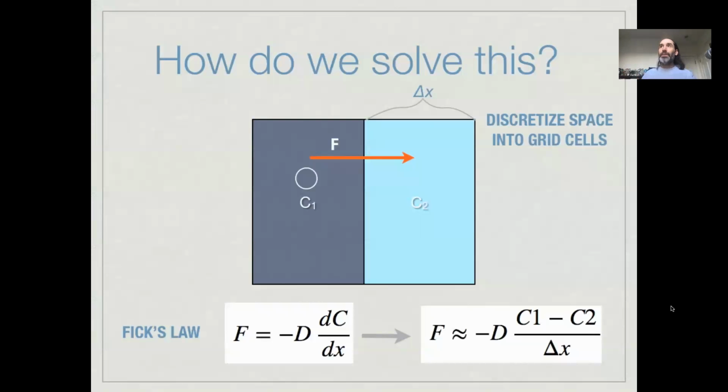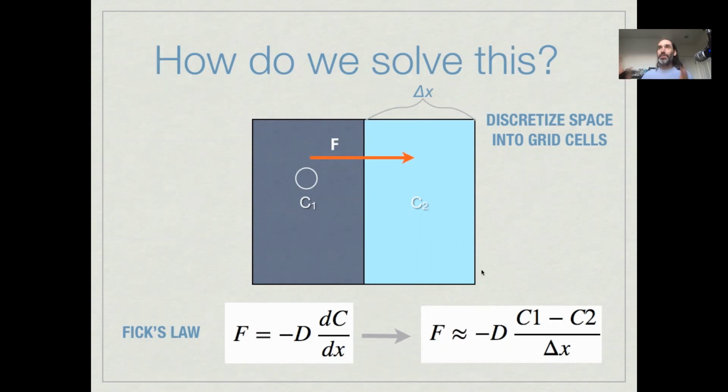So, as a reminder of where we were, in the last set of videos, we introduced Fick's law of diffusion and went through how we can take a flux equation like Fick's law, and discretize this in space by substituting a dc/dx with a delta c/delta x, and discretize this in time by replacing our flux, which is a dc/dt, with a delta c/delta t.